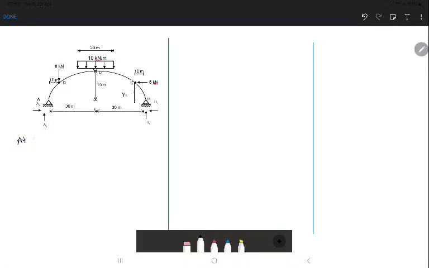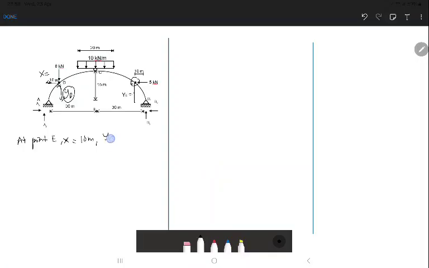Okay, at point E, here E, X is equal to 10 meter, similar with D. So if you got similar X, x equal to 10 meter, so YE is also equal to YD.